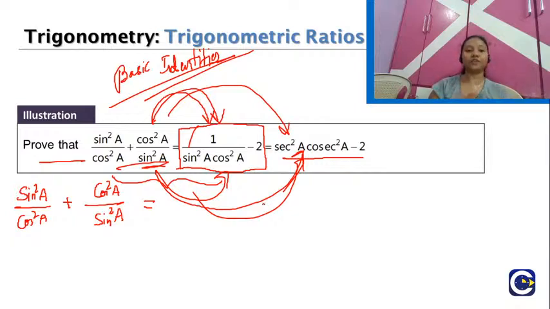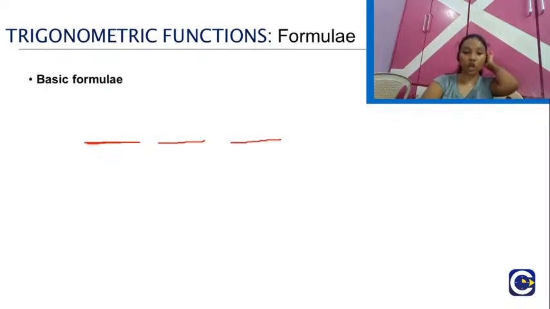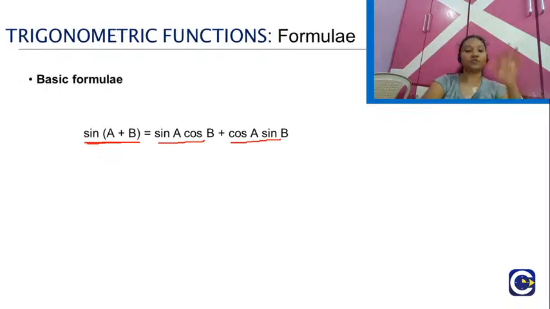That's why for trigonometry, what I'll say to you guys is, you should be thorough with all the formulas, identities and everything. We have just finished our graphs and all, so I'll keep this formula for our next session of trigonometric functions. From our next session, we'll start all our basic formulas and identities.